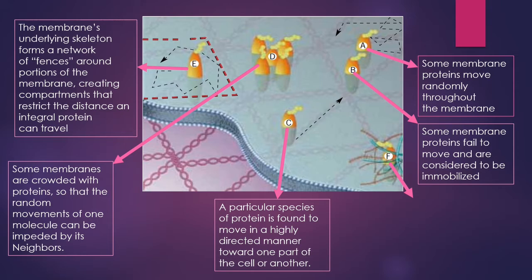These findings suggest that the membrane's underlying skeleton forms a network of fences around portions of the membrane, creating compartments that restrict the distance an integral protein can travel, as illustrated by protein E. Proteins move across the boundaries from one compartment to another through breaks in the fences. Such openings are thought to appear and disappear along with dynamic disassembly and reassembly of parts of the meshwork.